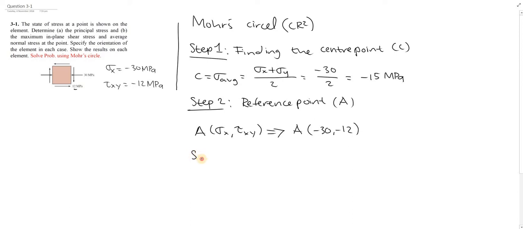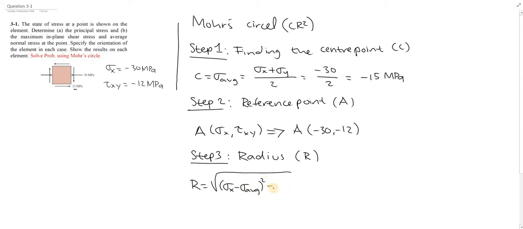Then the last step before we start drawing, step 3. We want to find that last R, and that's our radius. We can simply calculate the radius as the square root of our normal stress in X minus the average normal stress, squared, plus the shear stress squared.